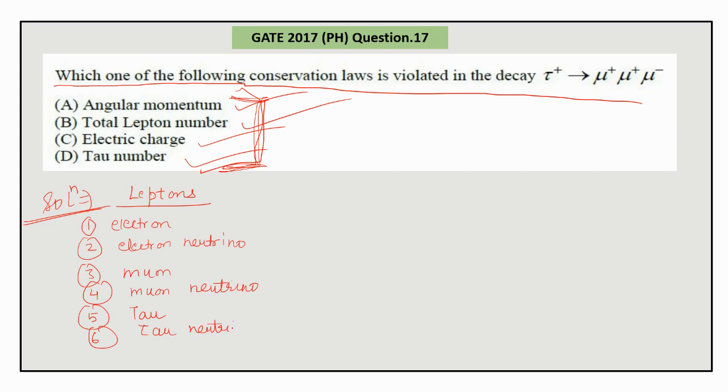Okay, so these are six leptons. They have lepton number plus one. Now there are anti-leptons also.